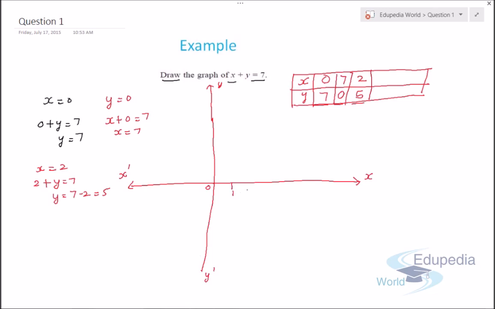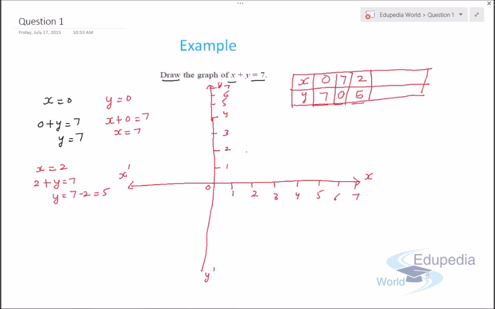Let me mark this as 1, 2, 3, 4, 5, 6 and 7. Now let me mark this as 1, 2, 3, 4, 5, 6 and this is 7.